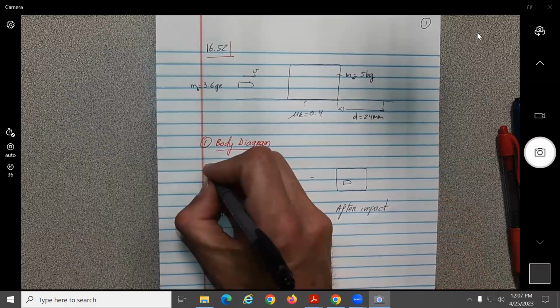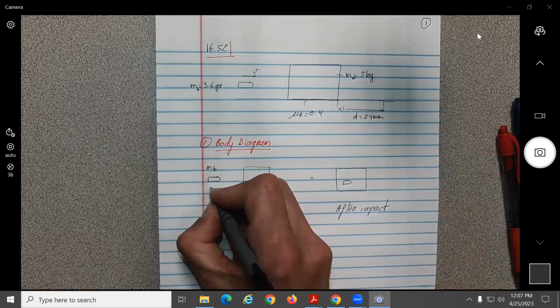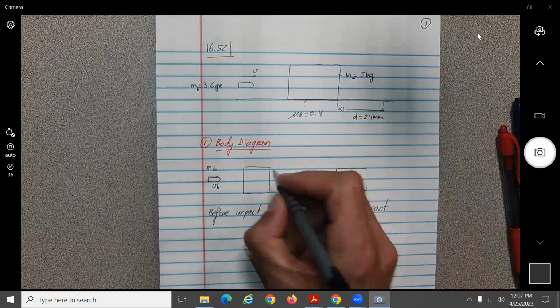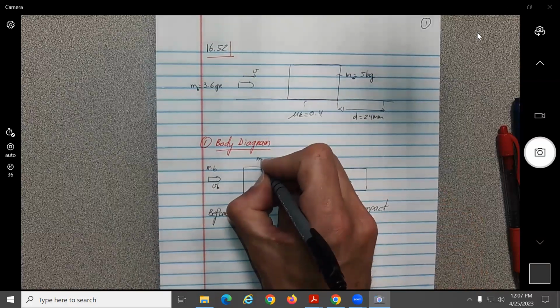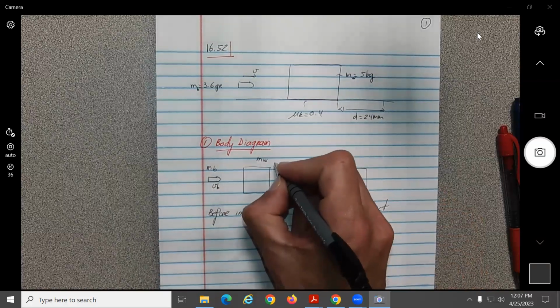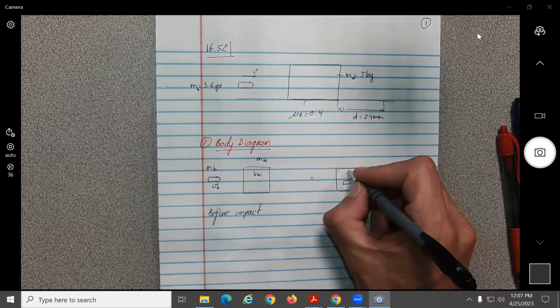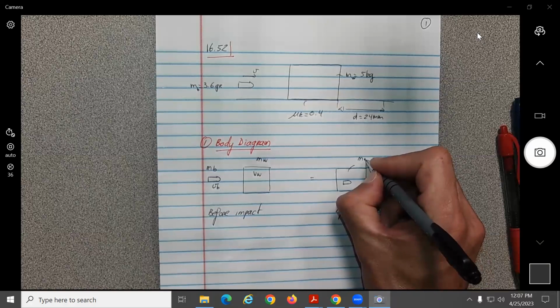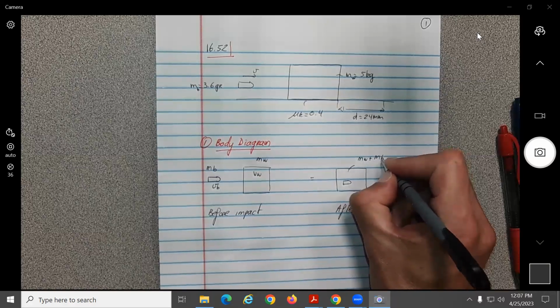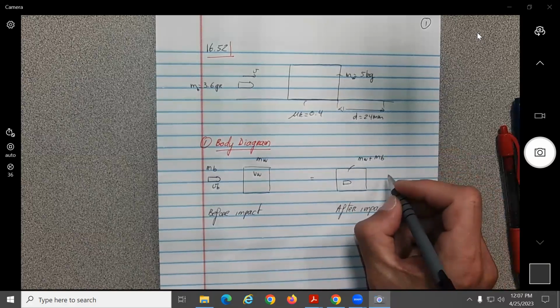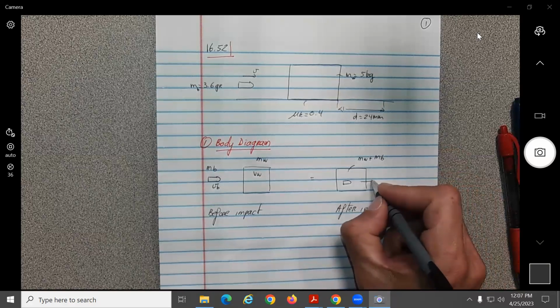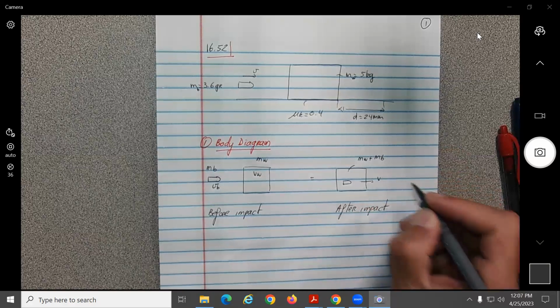So this will be M bullet, V bullet, M wood, and V wood. This would be now M wood plus M bullet, and this would be just V, okay?